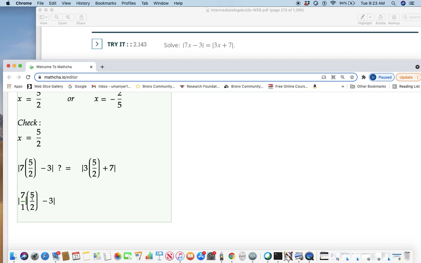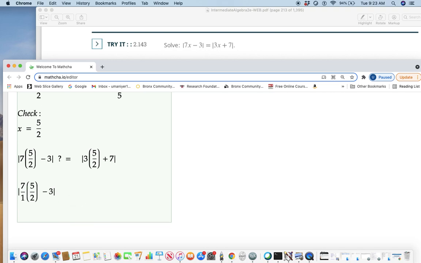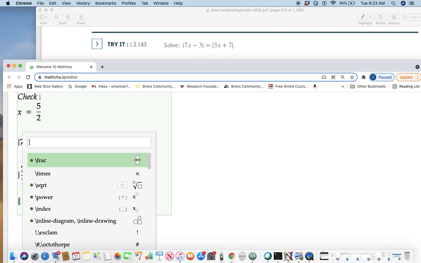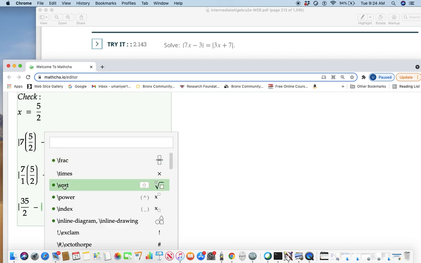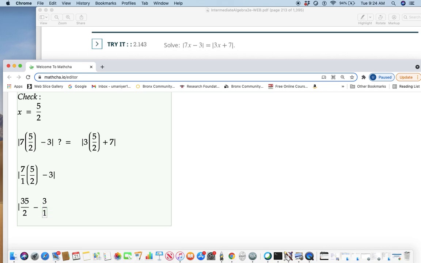And now you're multiplying. Multiplying across gets you 35 in the numerator, 2 in the denominator. Now you want to subtract the 3. Remember, 3 is nothing but 3 over 1.